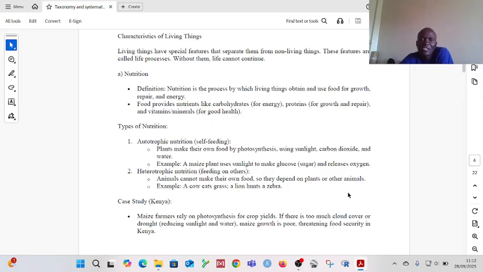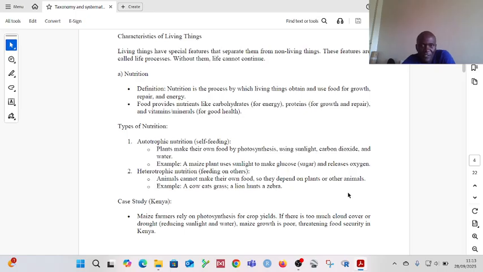Food provides nutrients. With the nutrients you have carbohydrates, which are vital for energy. You have proteins, which are important for growth and repair. Then you have another set of nutrients, which is vitamins and minerals. The vitamins and minerals are critical in the maintenance of good health.